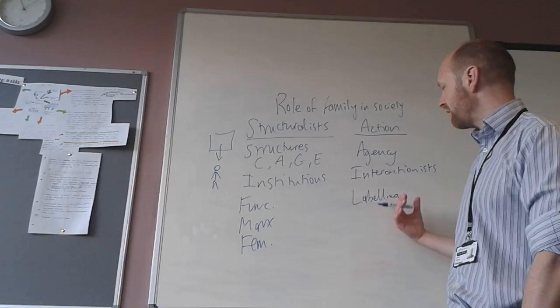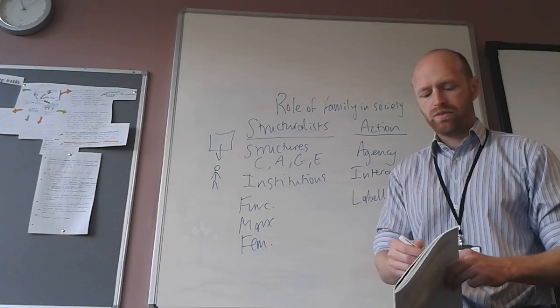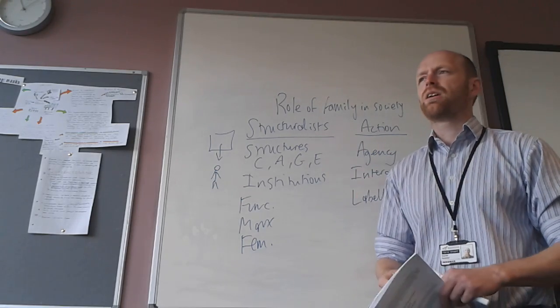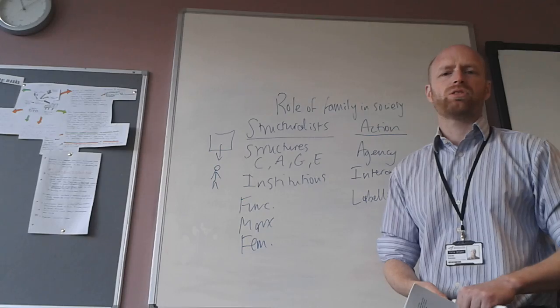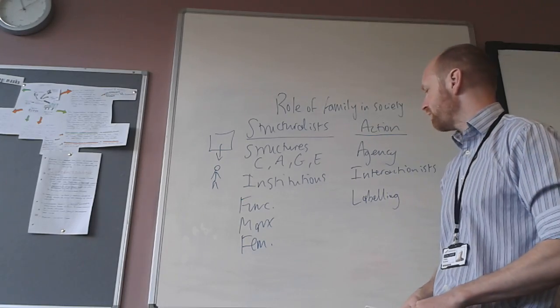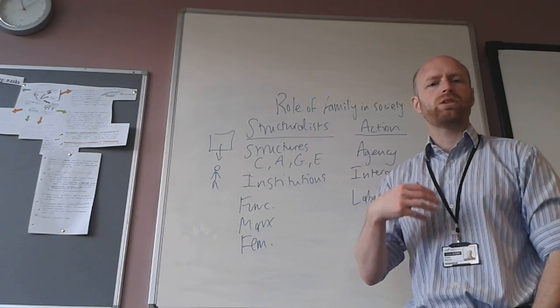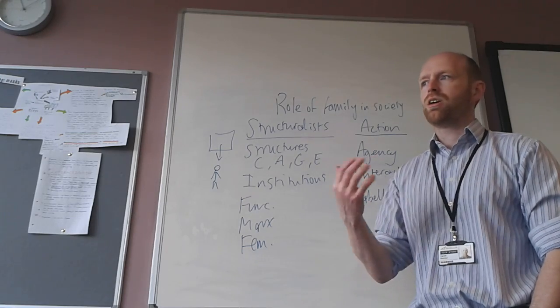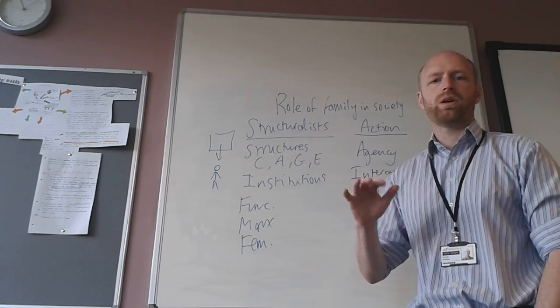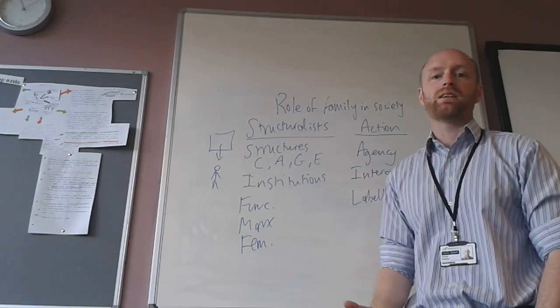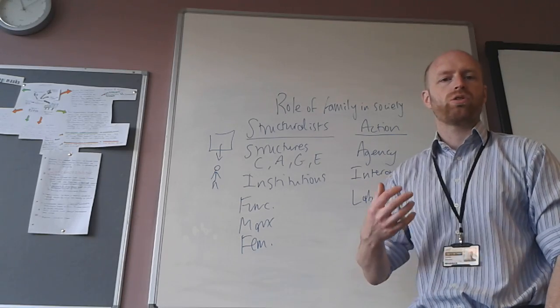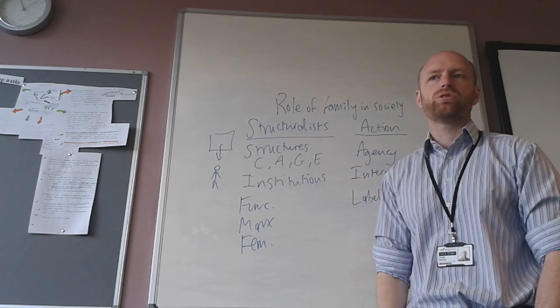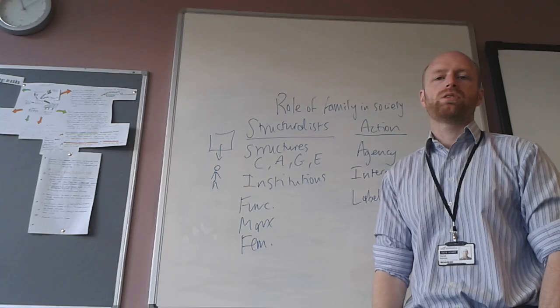And so those labels also influence our behaviour based on the interaction between members of society. Part of this is linked to the idea that we're always trying to manage the impression that others have of us, and so our behaviour will change. It's not always following a set routine, because we often respond to the way in which we're labelled.